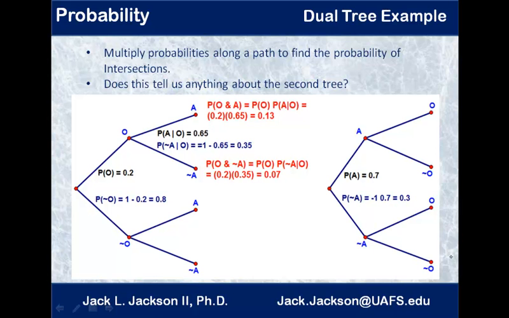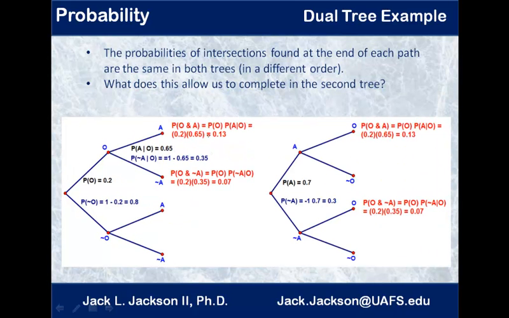Okay, did you notice that we can take some of these probabilities and it tells us something in the second tree? The probabilities here at the end of the first tree are the same four, there will be 4 of them eventually. They're the same 4 numbers over here at the end of the second tree. We know 2 of them so far, and they're slightly reordered.